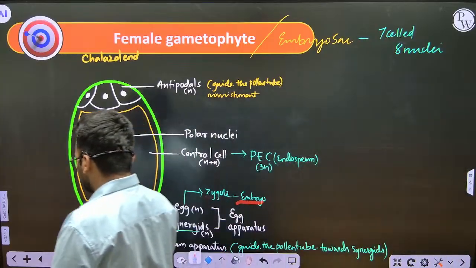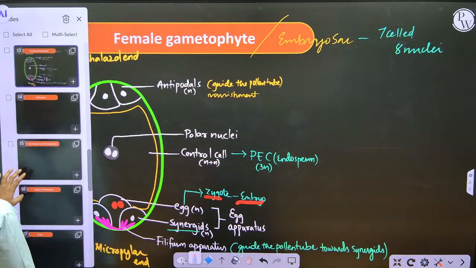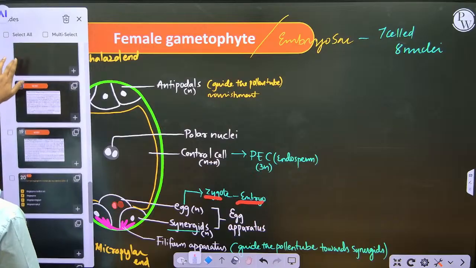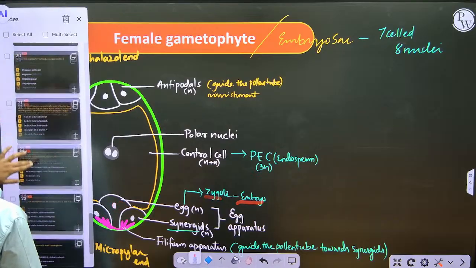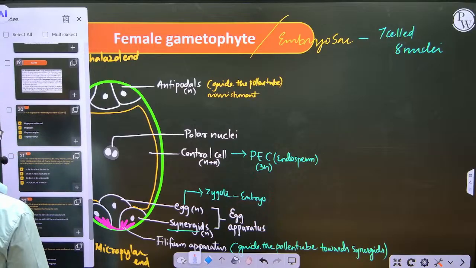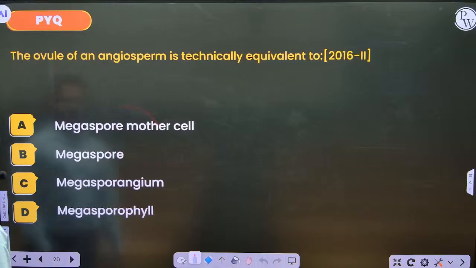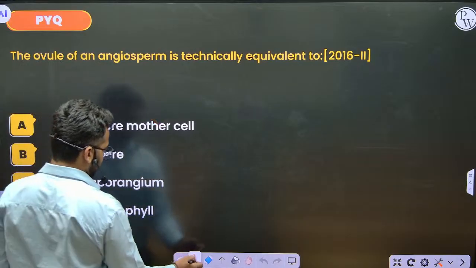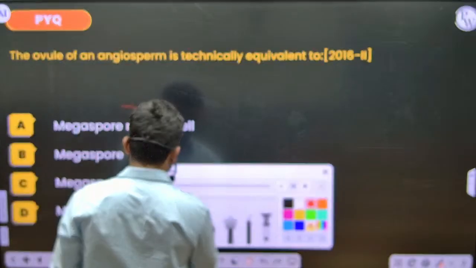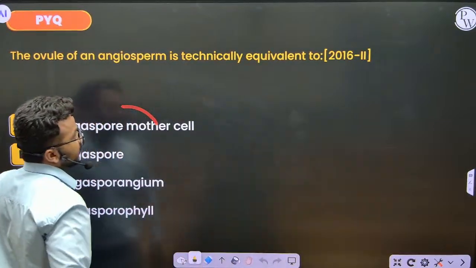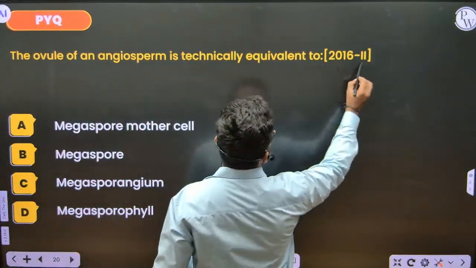We'll discuss some question answers related to this. The ovule of angiosperm is technically equivalent to, okay, you can answer here. It is a NEET 2016 question.